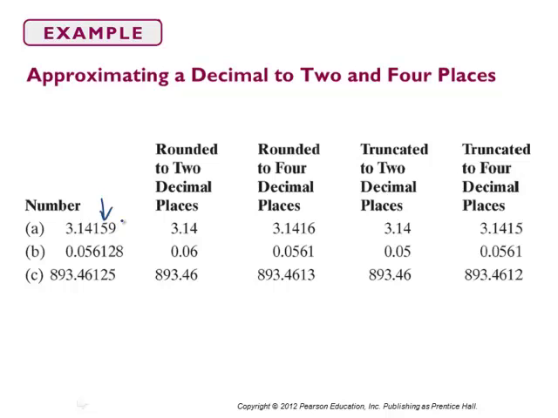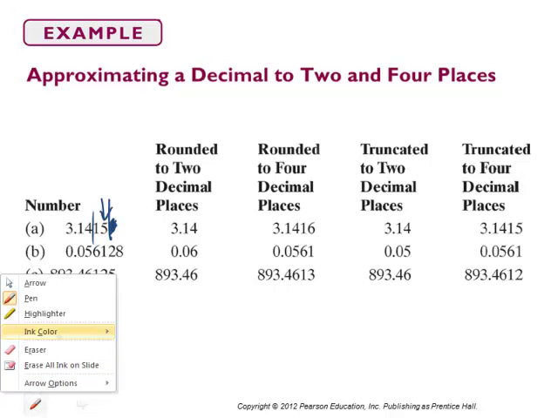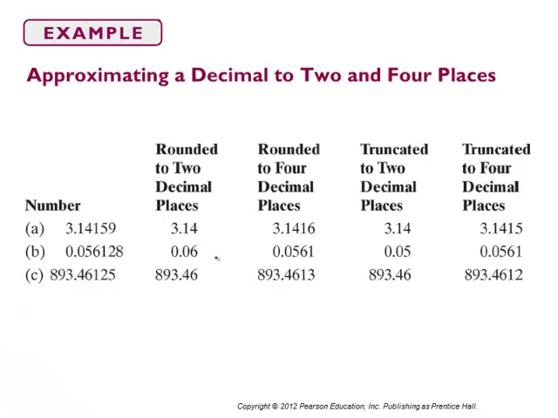You look to the right, that's a 9. This digit right here is a 9, that's greater than 4. So it's 5 or greater, means that you'll round that 5 up to a 6. Truncation means that you just chop it off to the right. So 3.14 or 3.15, because again, you're just disregarding that number to the right. All right, so same discussion for this number here and for this number here regarding rounding and truncation.